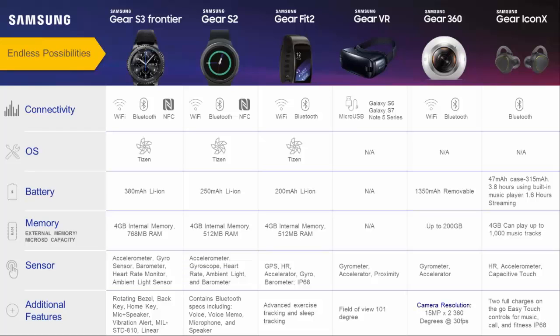People on the phone may have heard of wearables or Gear VR, different cameras, the Gear 360, as well as some of the headsets with the Gear Icon X. And there's no difference in the compatibility with Samsung products with the unlocked versions versus the standard carrier tethered versions of the Samsung phones.